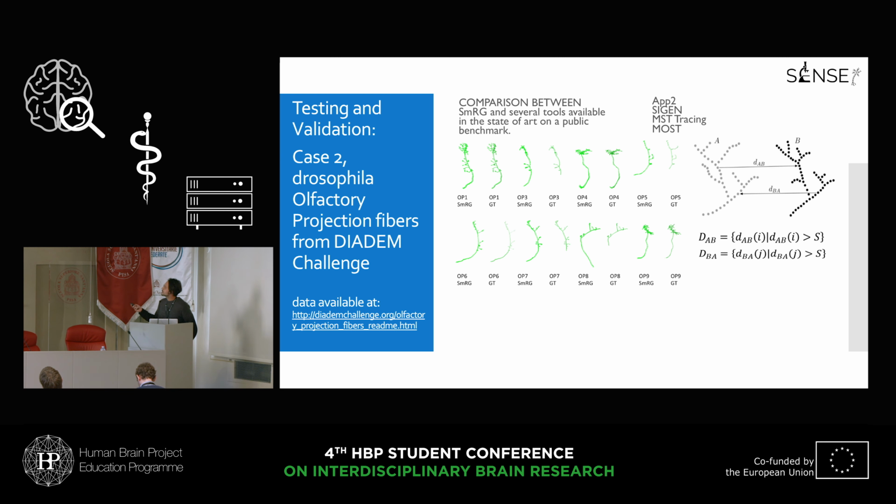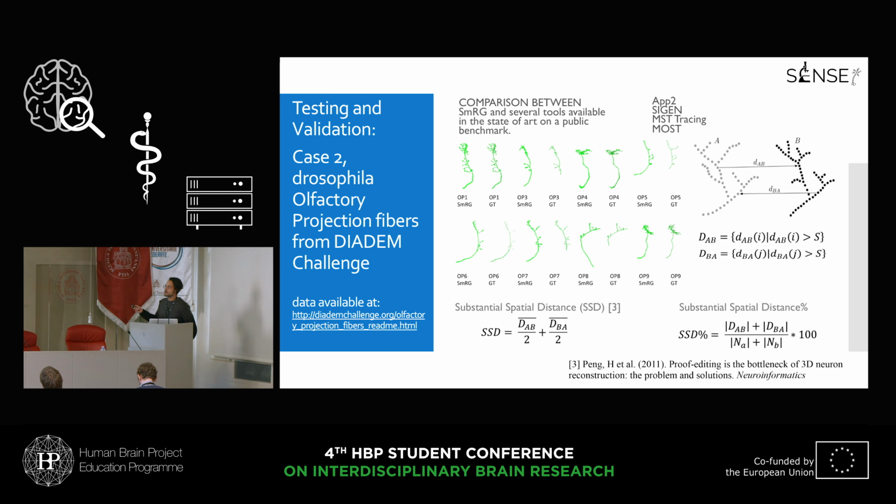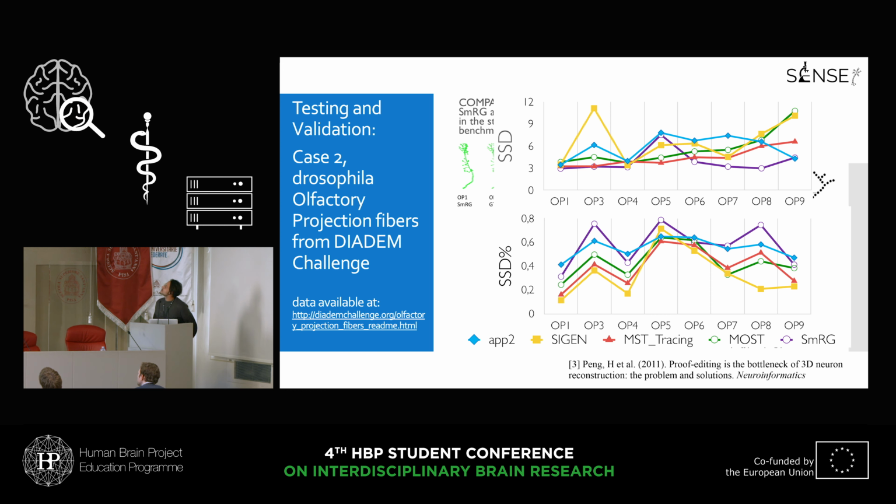And in particular, extracting those distances above a certain threshold that allows to evaluate the substantial spatial distance and the percentage of substantial spatial distance, as suggested in this work. Just keep in mind that these are error values, so the lower the better. And what we observed was that the SMRG was comparable to these other tools available in the state of the art for this public benchmark.